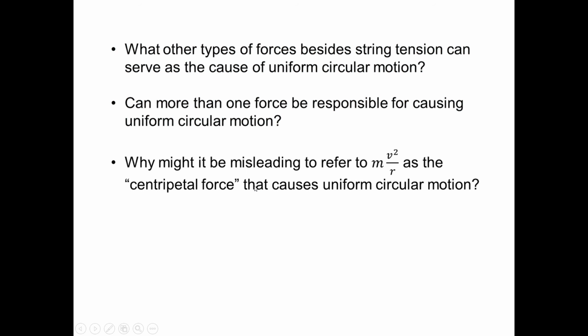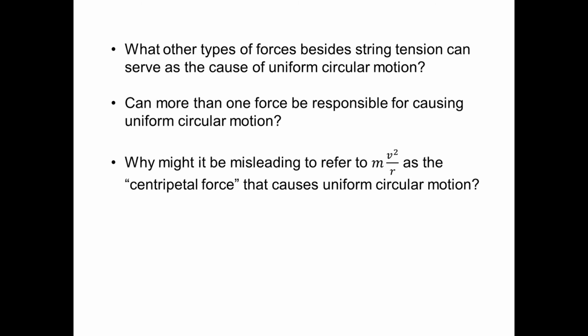So, given that there might be more than one force responsible, you sometimes hear in books, or students say, they'll refer to m times v squared over r, which we really had in the previous example, right? That's the ma part of F net equals ma. Sometimes people will call that the centripetal force.